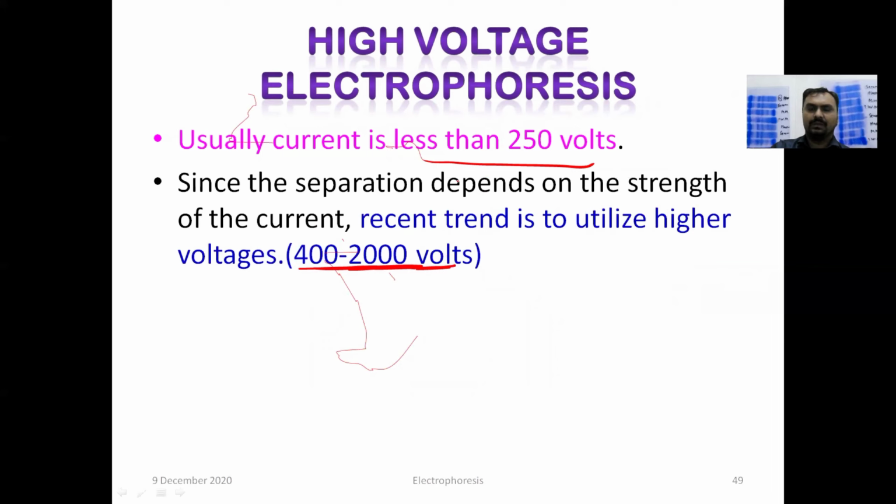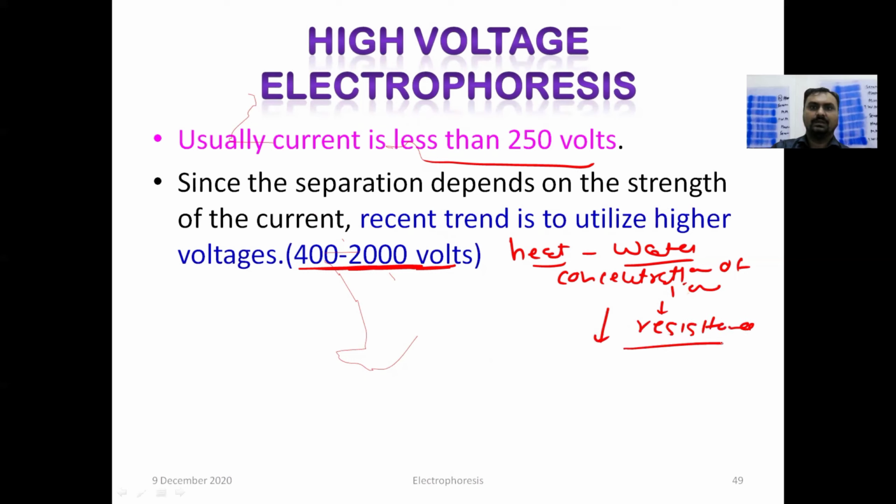When we run the sample, due to heat there is evaporation of water. When there is evaporation of water, there is a concentration of ions, and that will decrease the resistance and increase the conductivity.